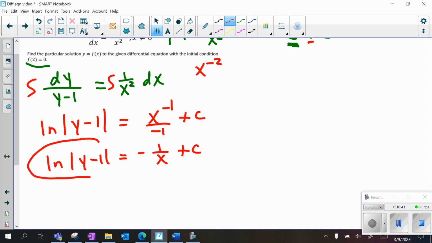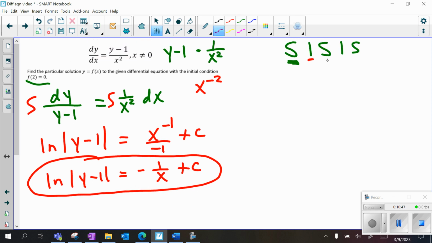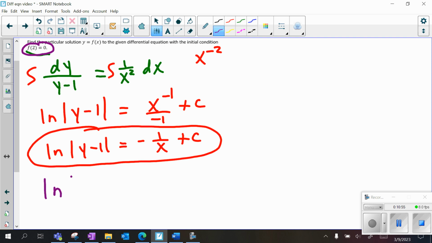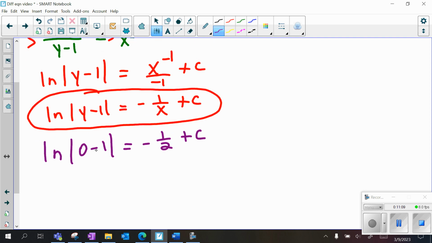All right, we just integrated, so I will circle this equation because now we will go ahead and solve for c given this condition. So there's ln of 0 minus 1 equals negative 1 over 2 plus c. ln of 0 minus 1 is ln of 1, which we know is just 0.